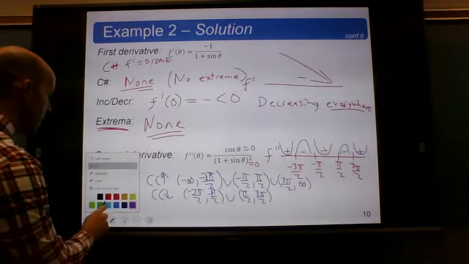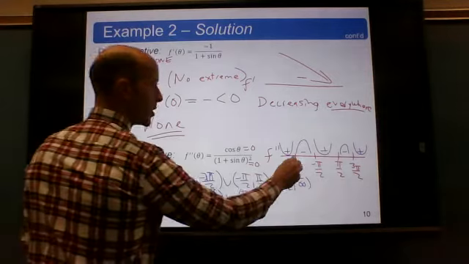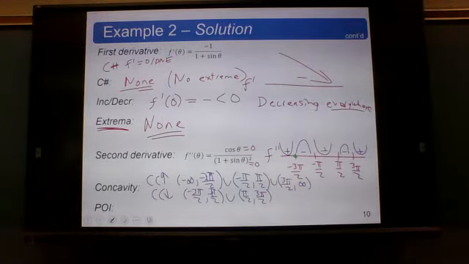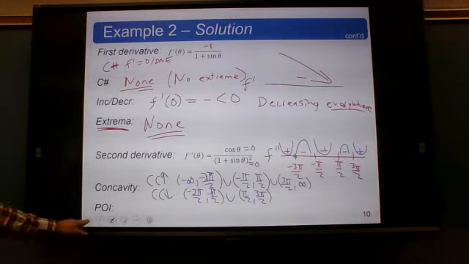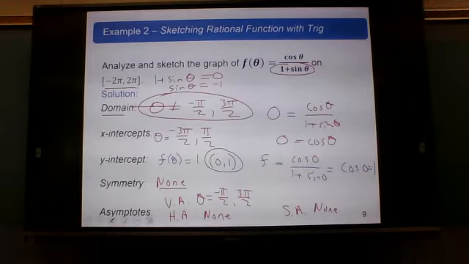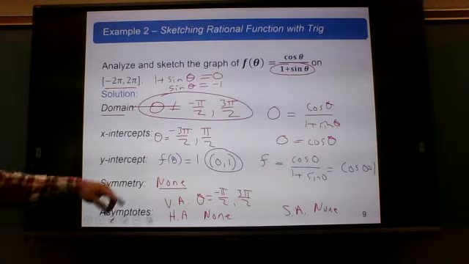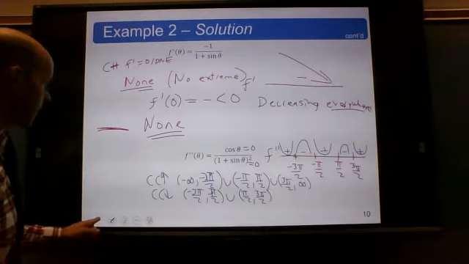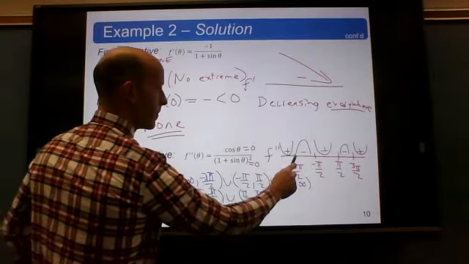And then the last thing we want to talk about here is points of inflection. Well, let's see here. At negative 3 pi over 2, is our function defined there? If we go back to the last part where we looked at the domain, is it defined at negative 3 pi over 2? The answer is yes. So guess what that makes this point right here?